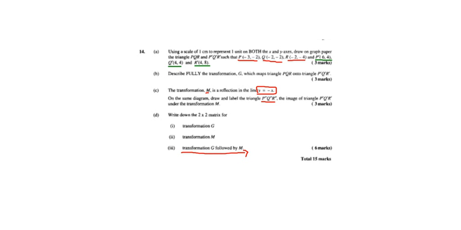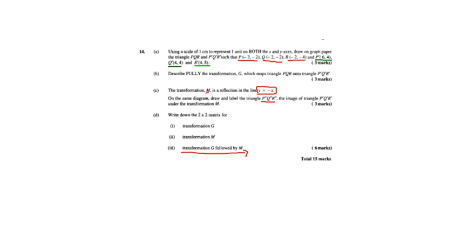If I am using a matrix technique to obtain the transformed triangle under this transformation G followed by M, to get this matrix I actually have to reverse the order in my matrix multiplication. When I say reverse the order, I mean the transformation I did last, I have to have that transformation matrix first in my multiplication statement.